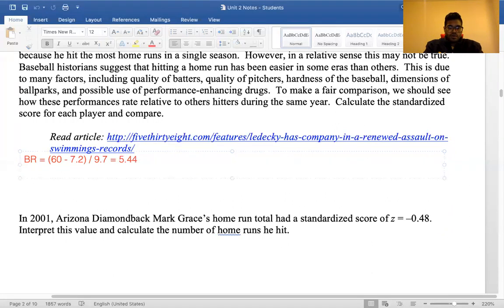Now we have Roger Maris. We need the same equation over and over again, because we're standardizing this onto one curve. So 61 minus 18.8, divided by 13.4. I'll put some parentheses in here to make it clearer. And this is equal to 3.14.